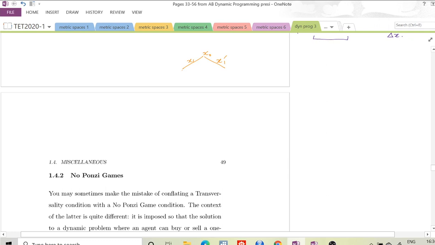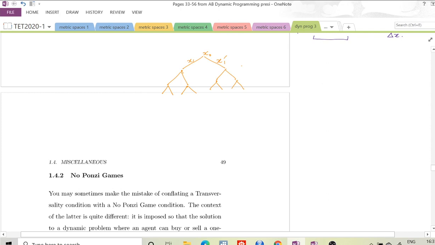let me come to the returns later. So I choose x1. From there, I have some feasible choices. From these, I have some other feasible choices. And life goes on, right? And so in dynamic programming, you're sitting at the current period.